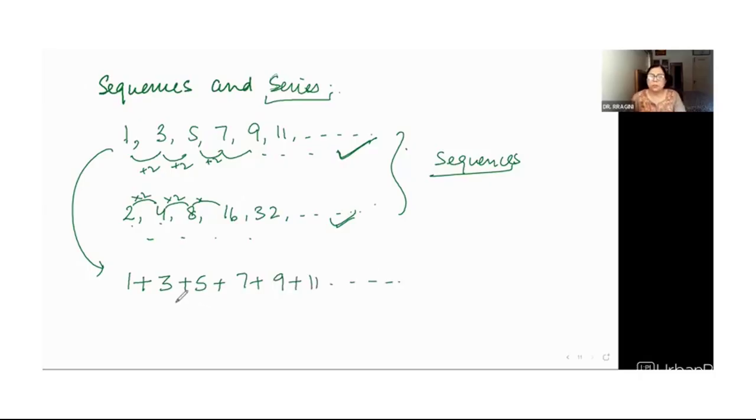That means the sum of the terms of a sequence gives us a series, right? So these are the general meanings of sequences and series. In sequences, numbers follow a pattern, but they are separated by a comma. In a series, the numbers follow a pattern, but we are considering this as the sum of all those numbers. That is the series, right?